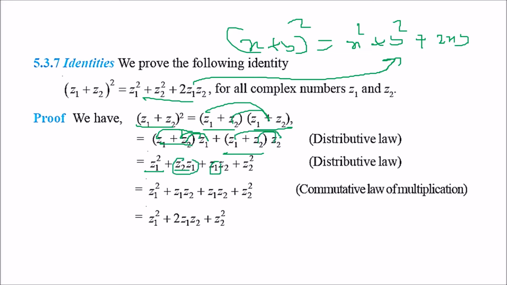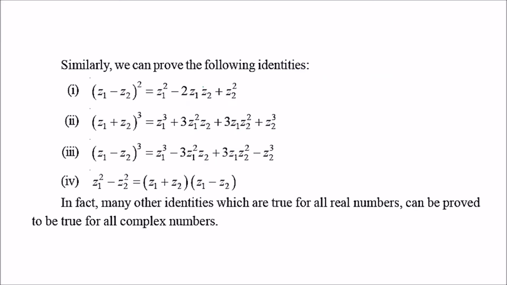But we know that these two are equal. How? Because we have already seen in multiplication the commutative law. These are equal because of the commutative law. So Z2 Z1 can be written as Z1 Z2. So now this can be added to Z1 Z2. So we can find out and prove also these identities.